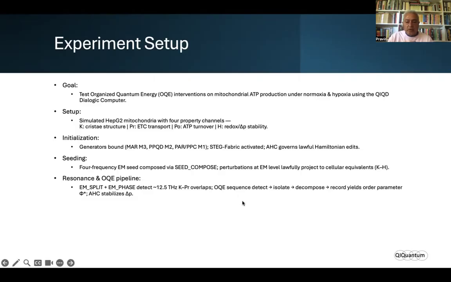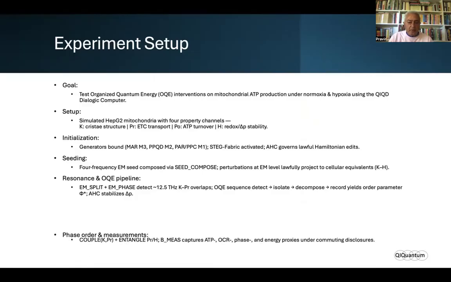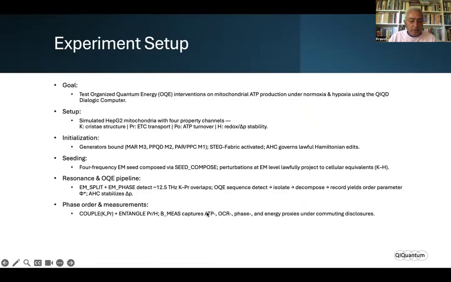And then subsequently, there's the OQE algorithm that further detects, isolates, decomposes, and allows recording of different states of ATP in this simulated environment. The measurement of these states takes place through a command called bmeasure.